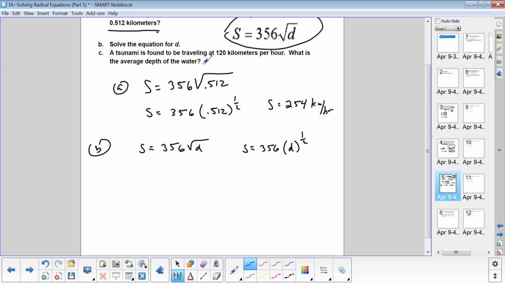Well, what if a tsunami is found to be traveling at 120 kilometers per hour? So we could go ahead and substitute 120 in for the speed. Well, you want to solve for d, which means 356 is being multiplied by that. So I'm going to divide 120 by 356.